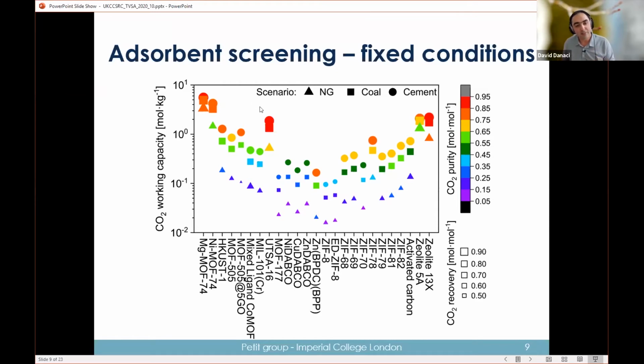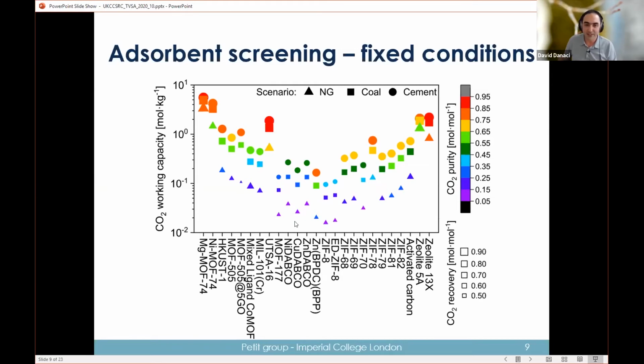In general, it can be said that a higher working capacity is more desirable because that minimizes the amount of adsorbent you need to capture a given amount of CO2, which then has the follow-on effect of, in theory, reducing your capital costs. The shape of the symbols, so the triangles represent the natural gas flue gas, the squares represent the coal-fired case, and the circles represent the cement case.